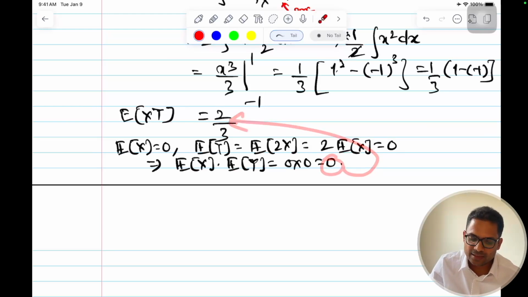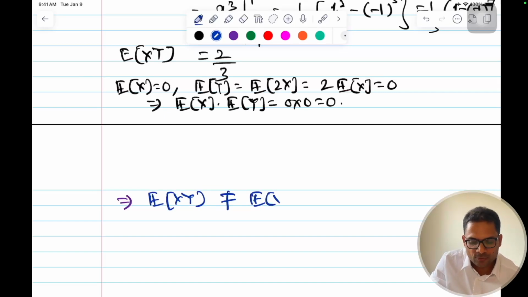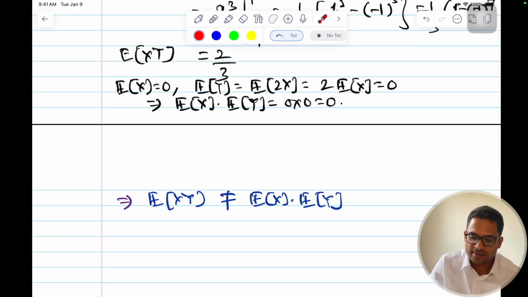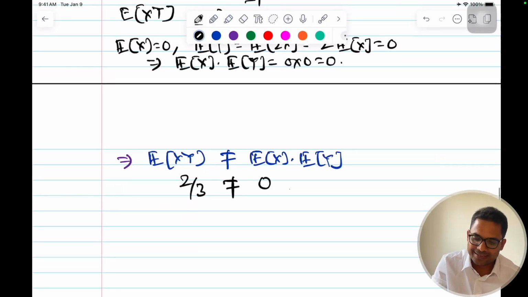This is 2 by 3. This implies that the expected value of xy is not equal to the expected value of x into the expected value of y, because 2 by 3 is not equal to 0. Hence, x and y are not independent.